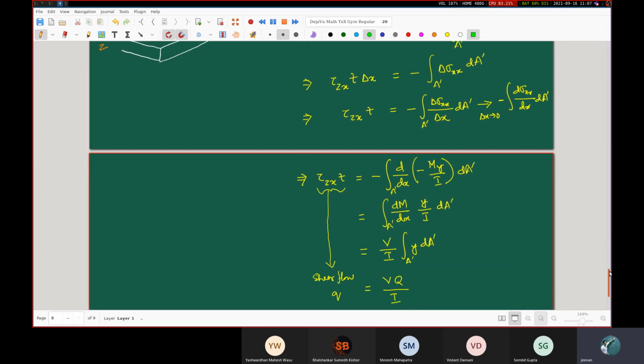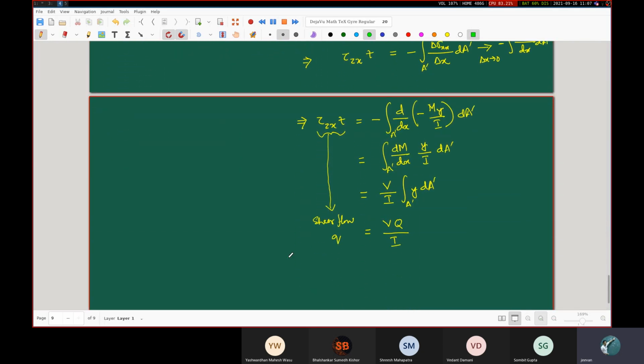and the shear flow associated with it, so this is what I want to write. This is the shear flow Q associated with the tau Zx value.